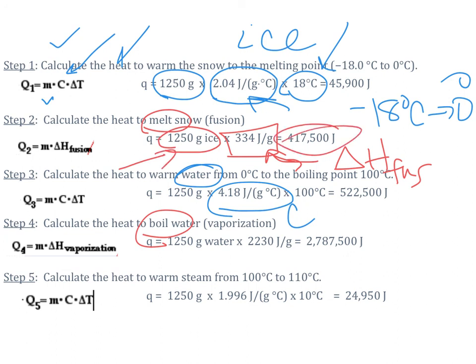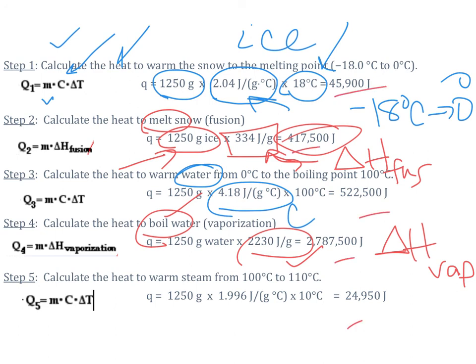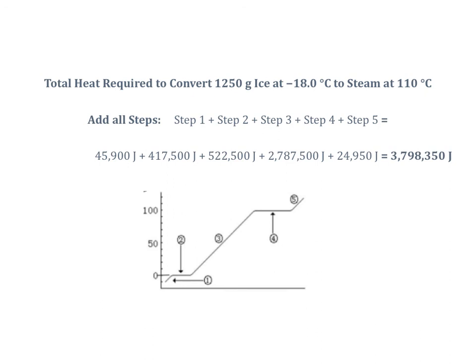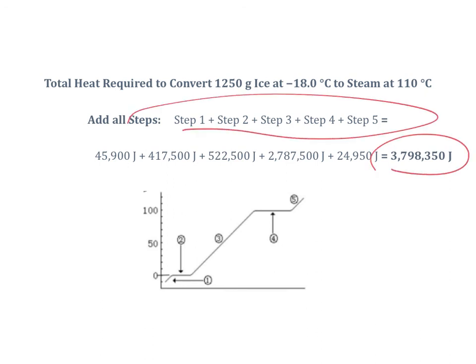And for boiling, you're going to have to use delta H of vaporization. And again, the units are joules per gram. Anyway, once you have the joules for each of the 5 steps, you're going to add them, and that will give you the total heat involved in taking that chunk of ice from -18 up to 110 degrees.